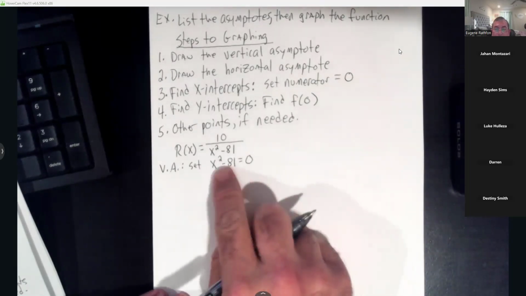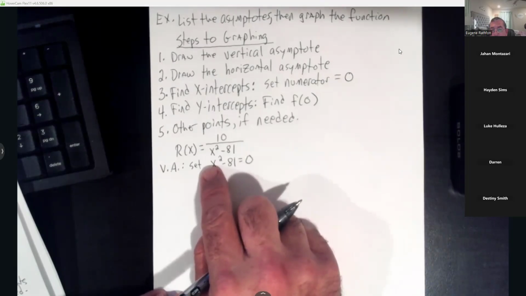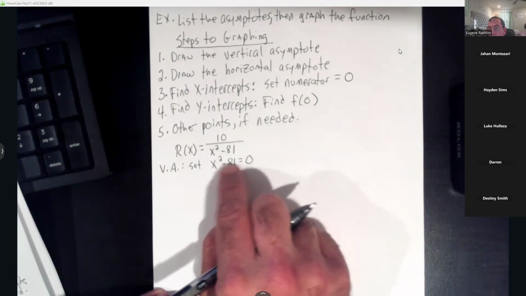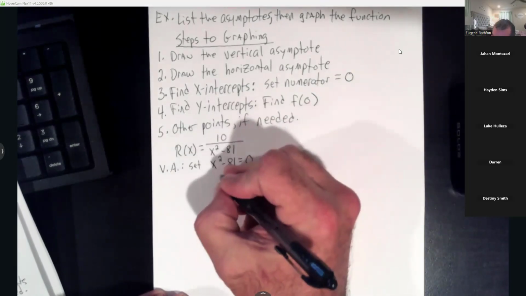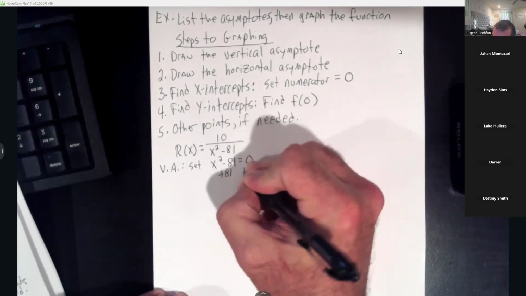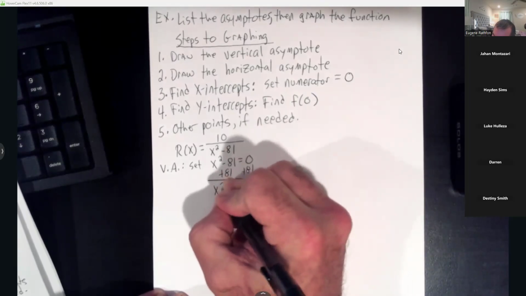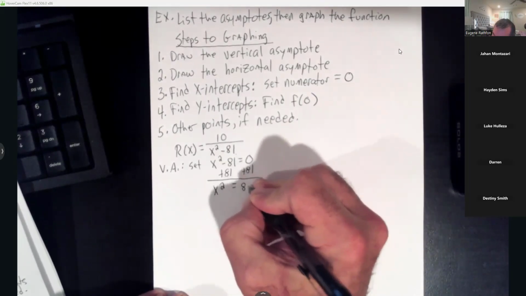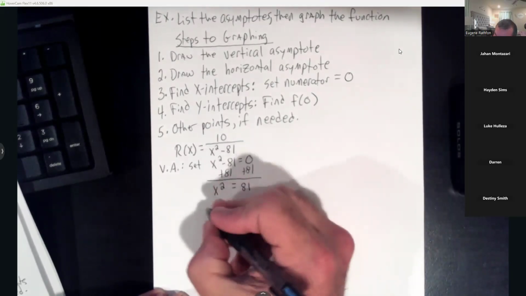All right, y'all, two ways to solve this. But since I got a number and an x squared, and I don't have the x term, I'm going to solve this real quick by doing the square root. So I'm going to add 81 to both sides. So that'll give me x squared. That cancels on the left side. And that'll equal 81. And then I'm going to take a square root of both sides.